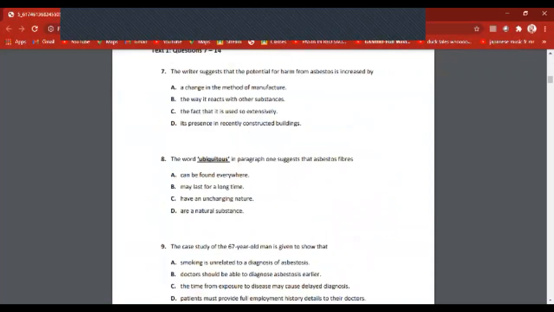The word ubiquitous in paragraph 1 suggests that asbestos fibers can be found everywhere, may last for a long time, have an unchanging nature, or are a natural substance. So again, the same underlined word. I think it's going to be can be found everywhere.